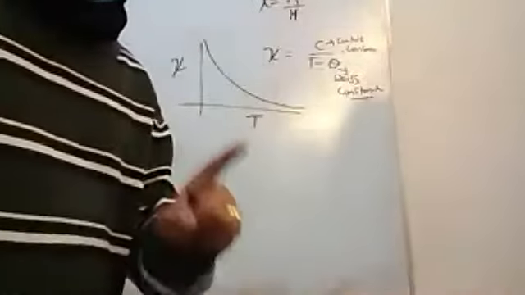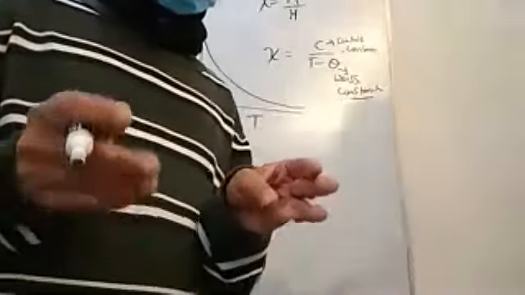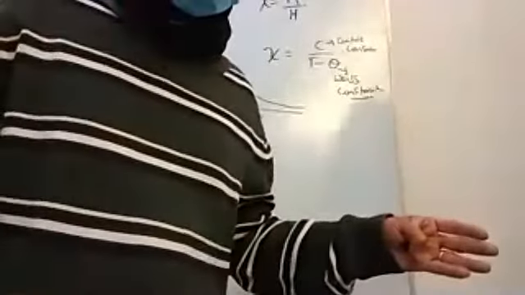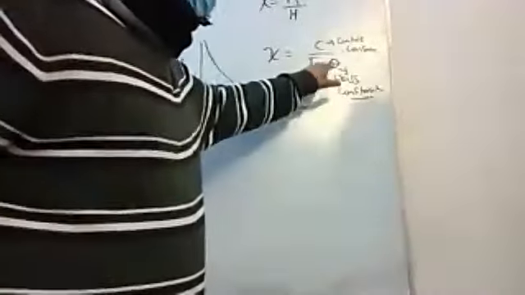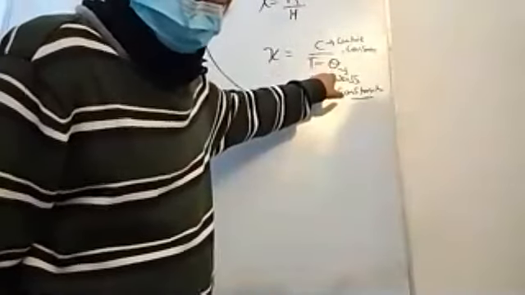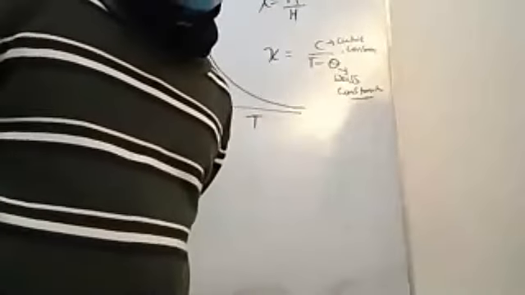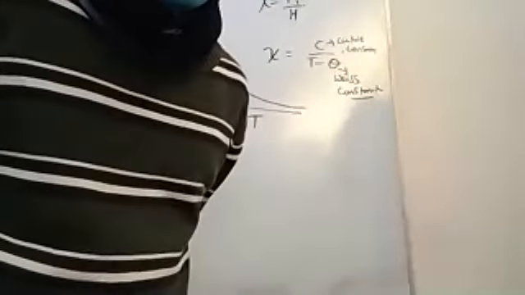For purely paramagnetic compounds, that means although you have unpaired electrons, these unpaired electrons do not interact with each other, then the value of theta is going to be 0. That is when we say it's purely paramagnetic. Sometimes theta can be positive, sometimes theta can be negative. If it is positive, they say it's ferromagnetic. If it is negative, they call that antiferromagnetic.